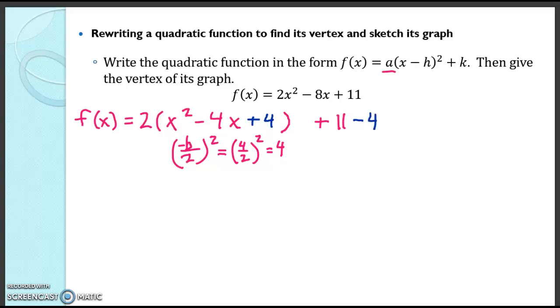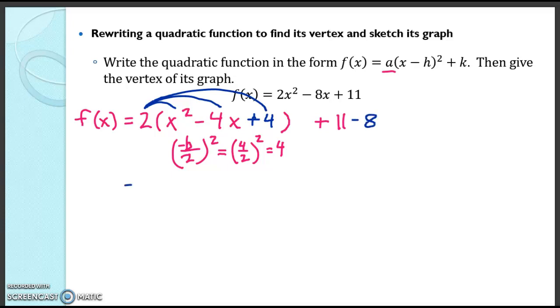But did I actually add 4? What did I add to this entire equation? Because there's this 2, in the end I'm going to have to multiply 2 by each of these pieces. So I actually added 2 times 4, or 8. So I need to subtract 8.